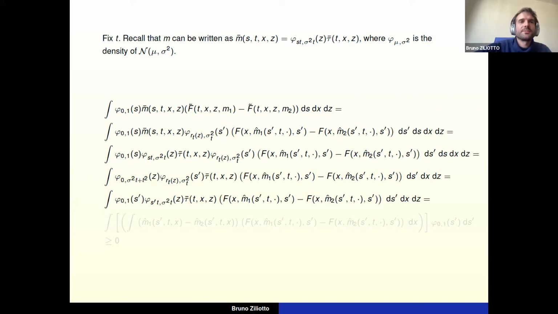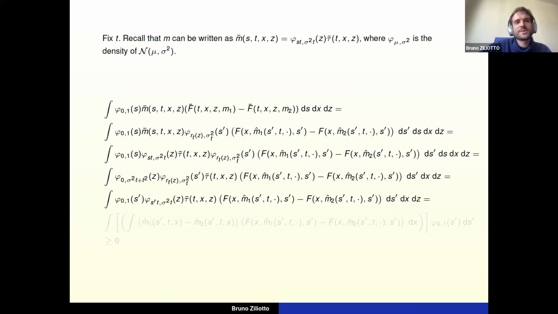The first term here in the integral, the phi_{0, sigma squared t plus t squared}, you can view it as first I draw Z from the distribution at time t, and then I draw S prime conditional on Z. Well, you can reverse these drawings. You can say first I draw S prime according to the normal law, and then conditional on S prime, I draw my Z, and I obtain exactly the expression that is written there.